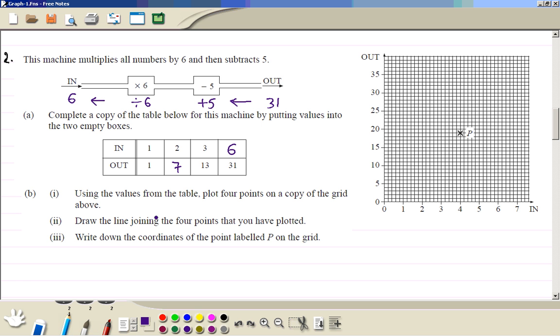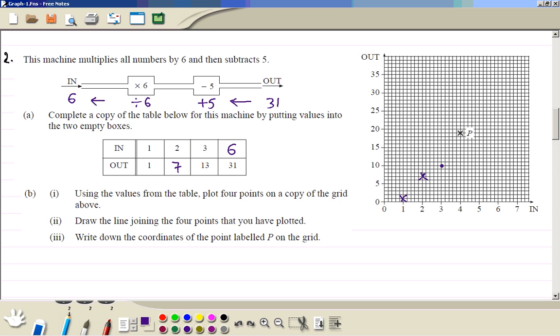Now we can answer these questions. First we're going to plot these points on the graph. 1, 1. So input is 1 and output is 1 as well. So the point is here. 2 goes with 7. So that's 5, 6, that's 7 there. 3 goes with 13.